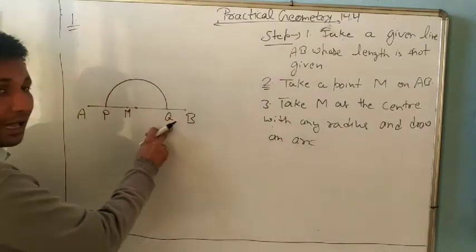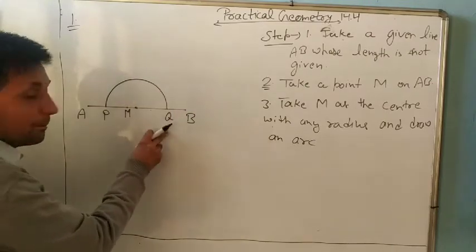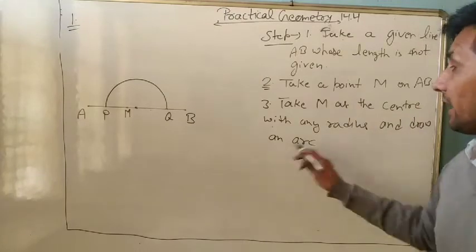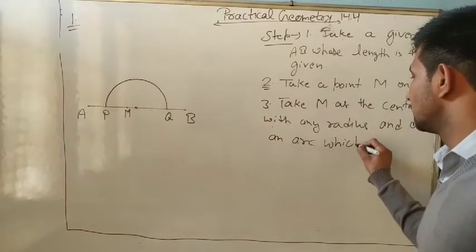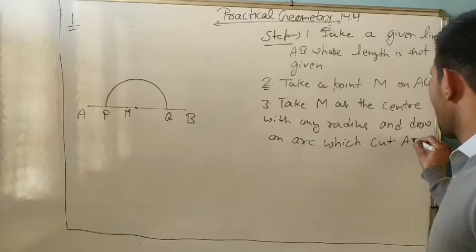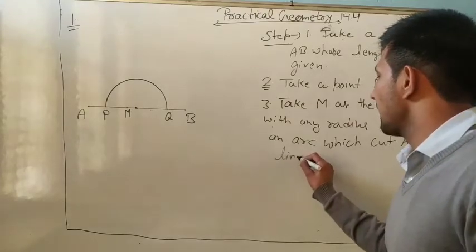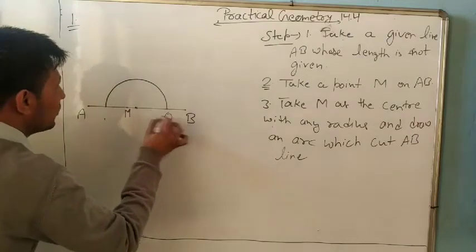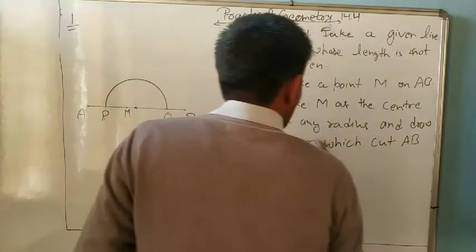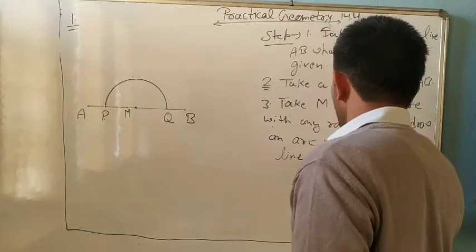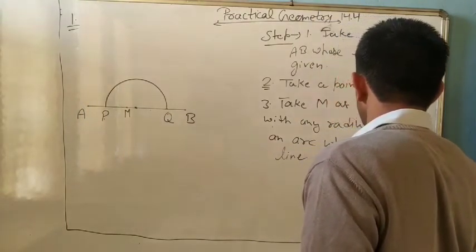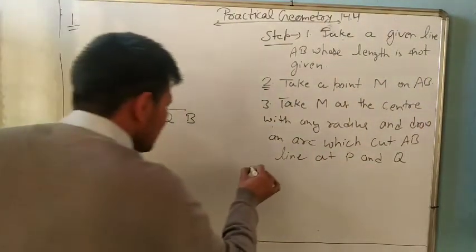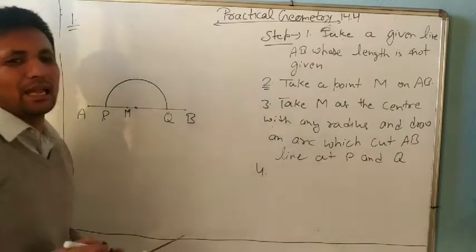This arc meets AB at P and Q. This arc cuts where? At Q and at P, which cut line AB at P and Q. Till now, whatever we are doing, we are writing the same as in the steps.